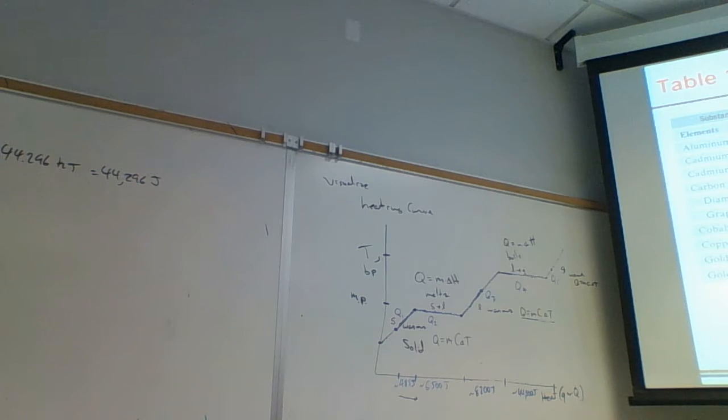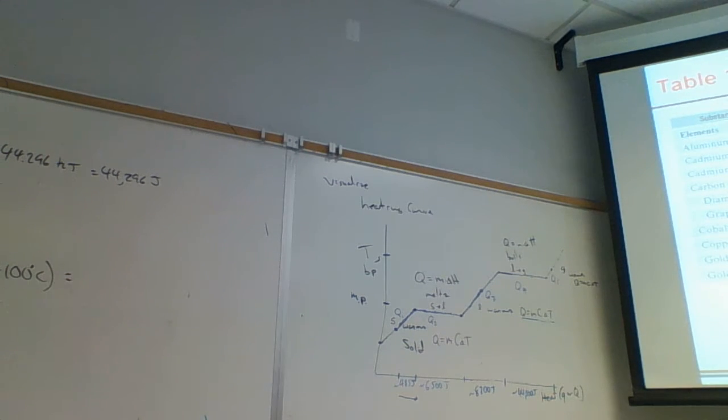Yeah, it's going to be 2.00 joules per gram degrees C. Our delta T is T final, which is 115 degrees C, minus T initial, which is 100 degrees C.